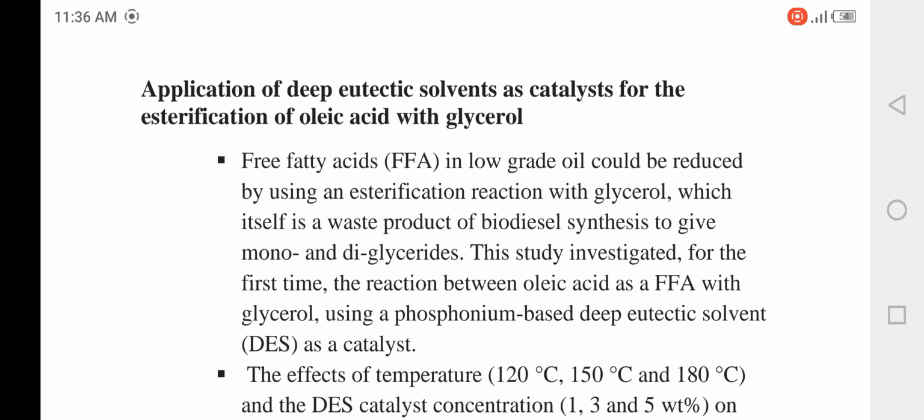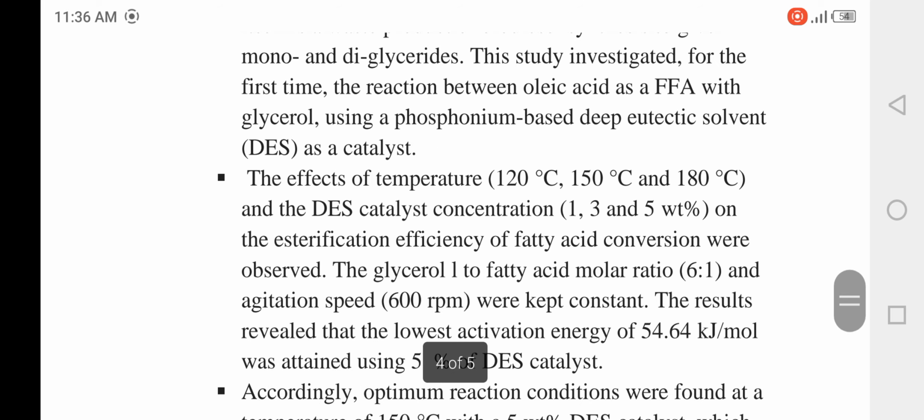This study investigated for the first time the reaction between oleic acid as FFA with glycerol using a phosphonium-based eutectic solvent as a catalyst. The effects of temperature and the DES catalyst concentration on the esterification efficiency of fatty acid conversion were observed. The glycerol to fatty acid molar ratio and agitation speed were kept constant.